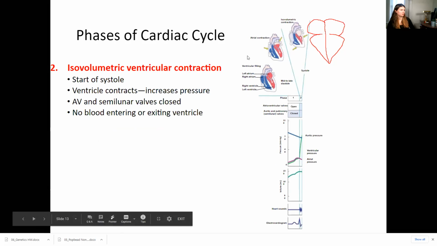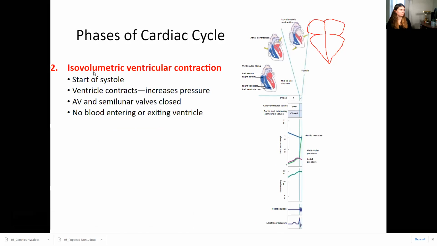Our next phase is something called isovolumetric ventricular contraction. It's a mouthful, but we can break it down. We have iso, which we've seen before, like when we were talking about osmosis. Iso means same, equal, just like isotonic meant we had equilibrium on either side of a membrane.